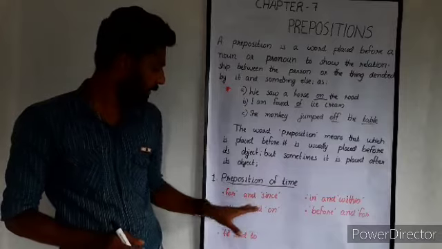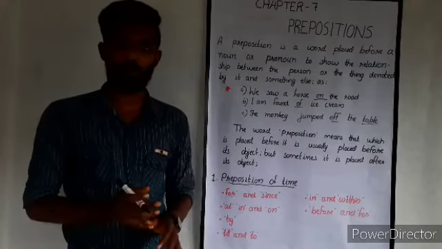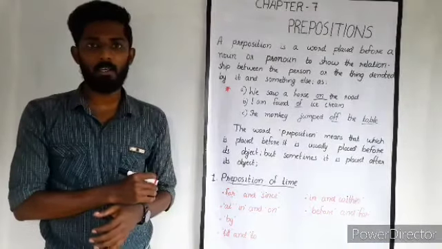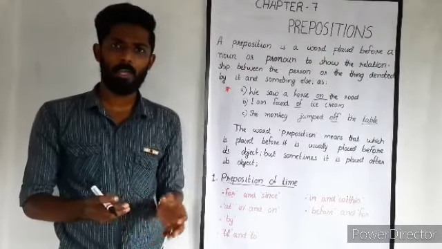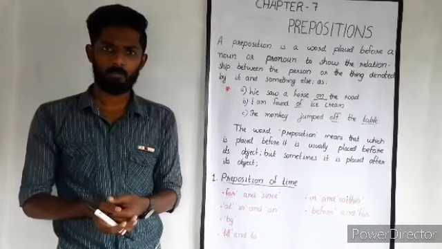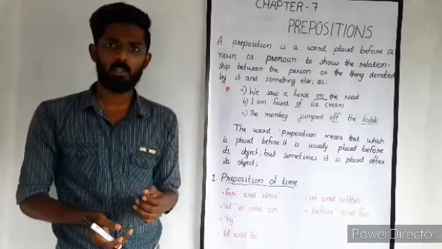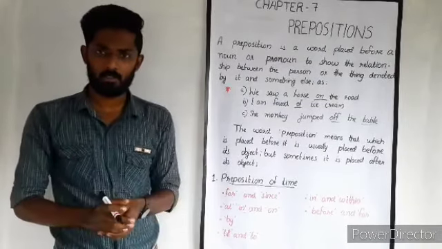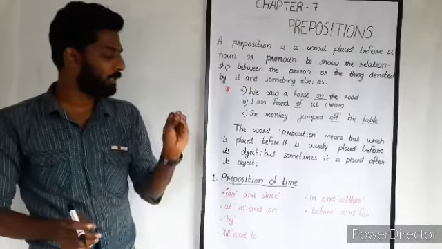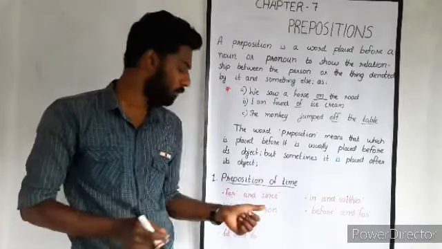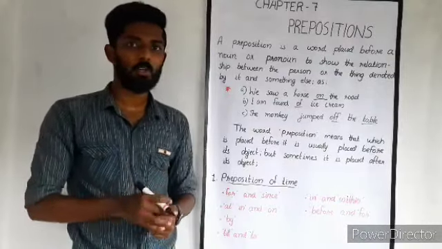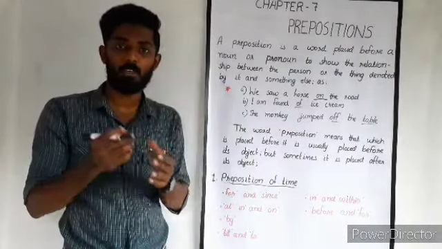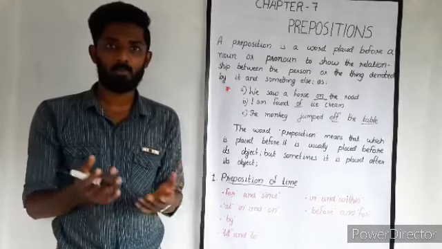And the third one in that category is on. So on is used with the days and with the dates which include the day. For example, we played cricket on Sunday. The battle was fought on 6th October. So here, in order to mention the specific date, we will use the word on. And in and on are not used before today, yesterday, tomorrow, and day after tomorrow.